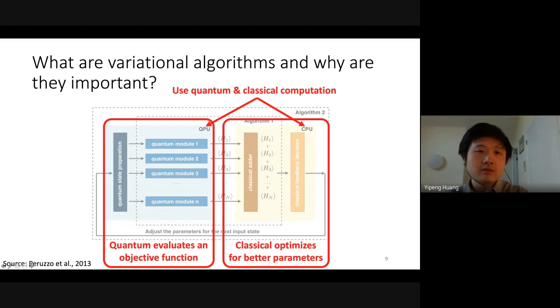Okay, and the useful computation results will be coming from the parameters that make this optimization objective function optimal. And in order to find those optimal parameters, you use the quantum computer to evaluate those objectives, and then you feed them into a classical computer here on the right-hand side. The classical computer in this case is just going to run a classical optimization algorithm like gradient descent or Nelder-Mead. And the whole algorithm proceeds as we find better parameters for the quantum half. Okay.